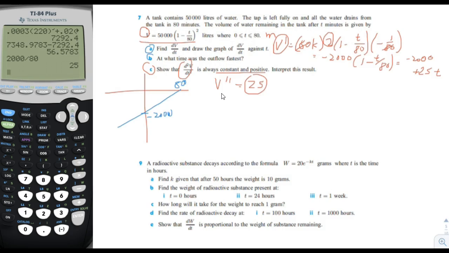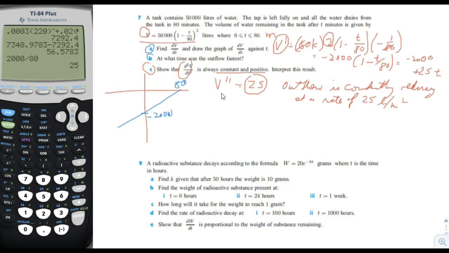It means that the outflow is constantly reducing at a rate of 25 liters per minute squared.